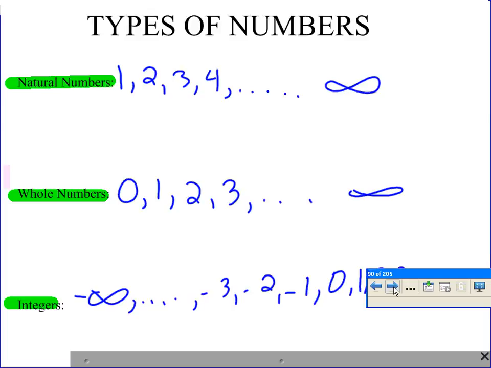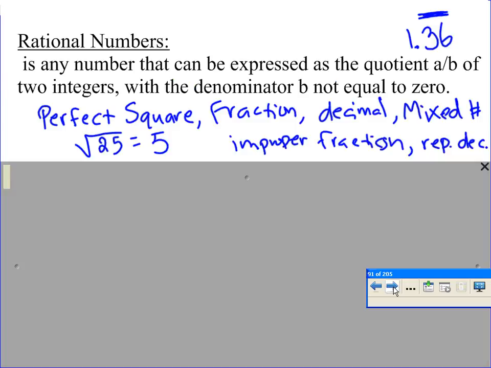In your notes, go back to the types of numbers chart, or sorry, page, which I think was page 12 or 13 in yours. 13? Okay. Almost. So I'm going to clarify that right now. A rational number is a perfect square, a fraction, a decimal, a mixed number, an improper fraction, a repeating decimal.